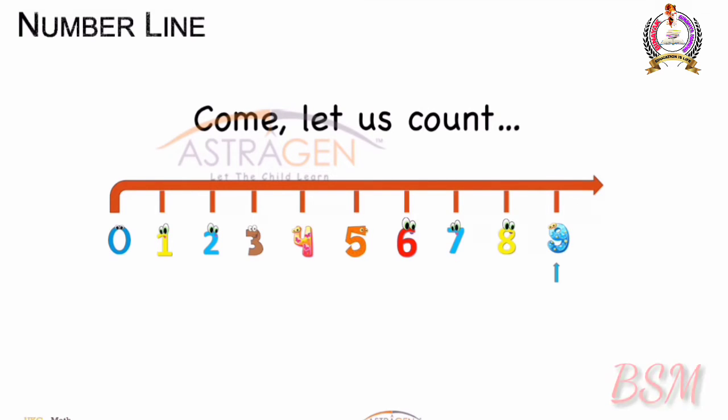They are like, I will not change my place. This is my place. See, my mama asked me to sit on this line. I will sit here only. Okay? So the numbers are always written like this in an order. From 0, 1, 2, 3, 4, 5, 6, 7, 8, 9, 10, 11, 12, 13. It will go on. But here, because we have only so much space, we have given you until 9.